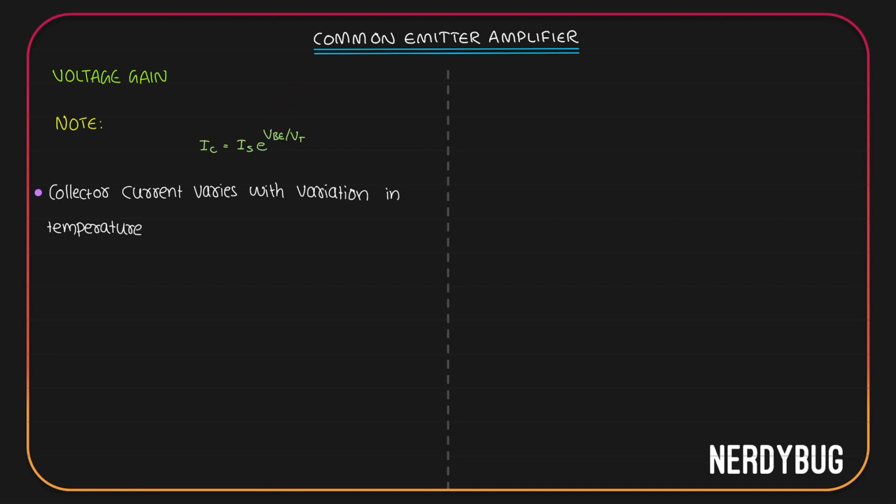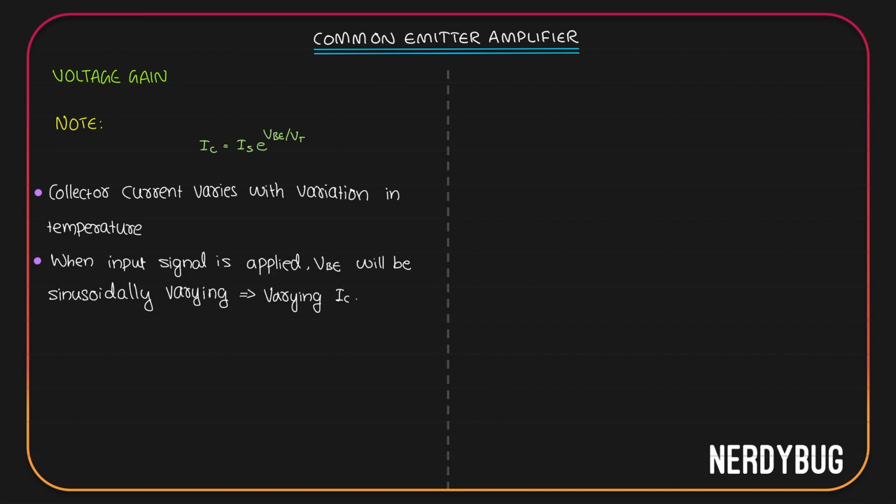When we do the biasing, VBE is a constant and we will get a constant collector current. But our input is sinusoidally varying. When we apply the input, VBE will become sinusoidally varying, which means IC will become sinusoidally varying. Now, transconductance Gm is given by IC by Vt. So, whenever IC varies, that means Gm is also varying.